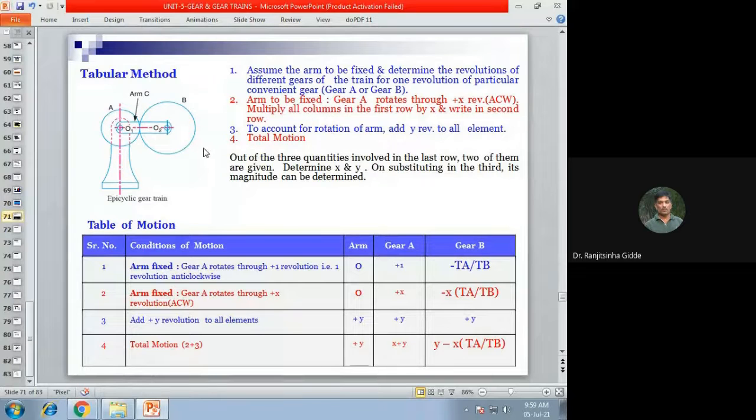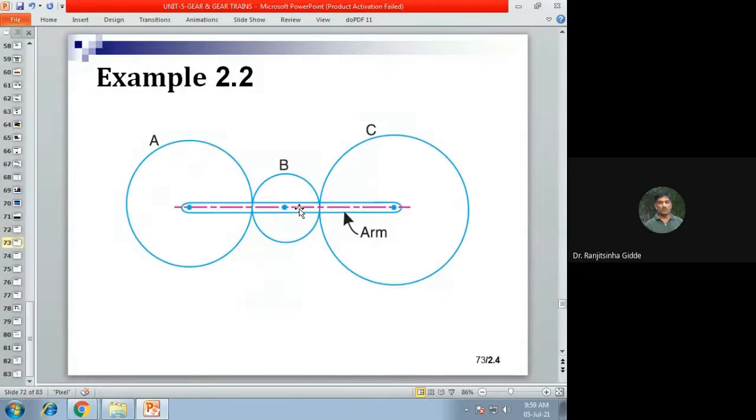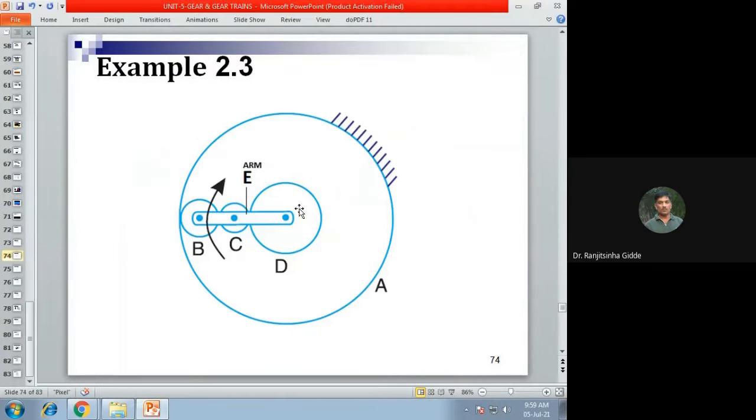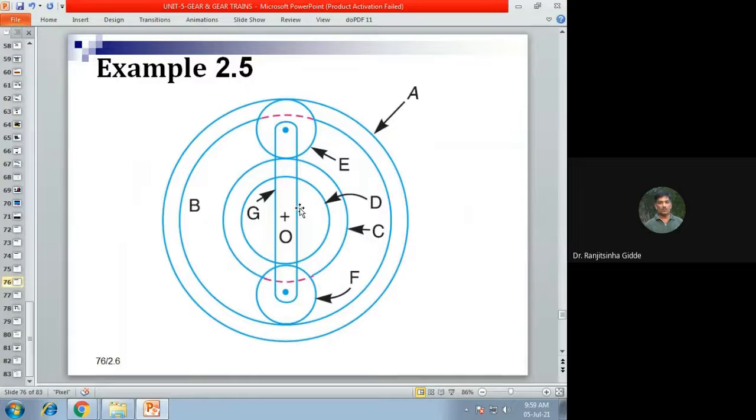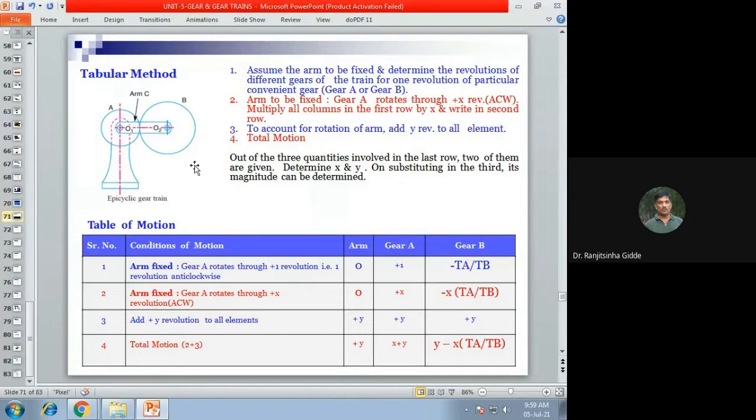Okay. Now, such combinations will be given, and we need to find out the speed based on the condition given. Now this is the table of motion. There will be a number of columns based on the combination given.